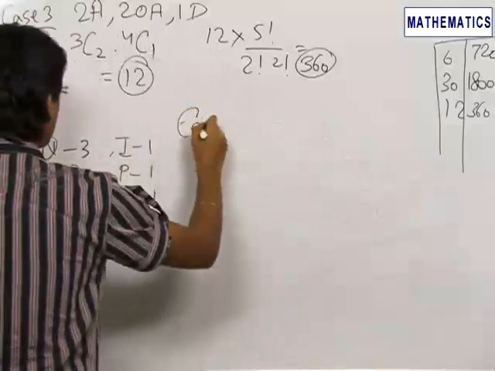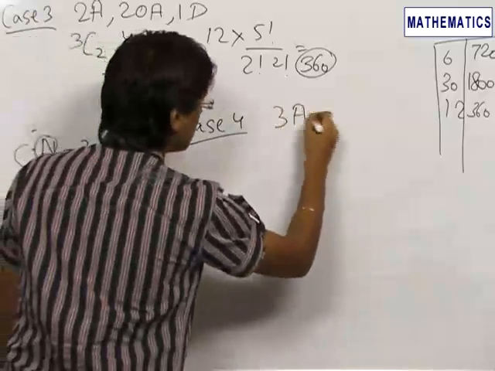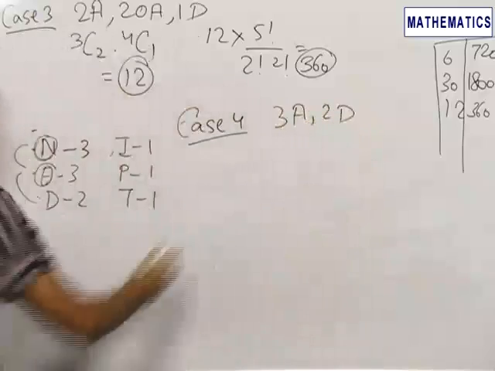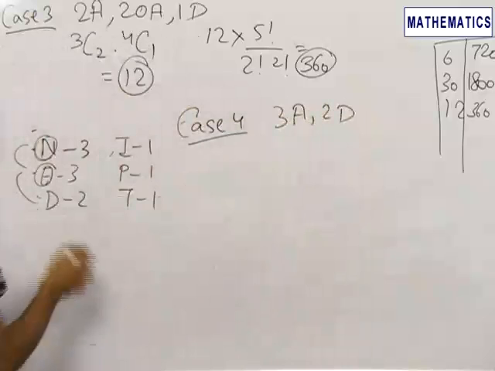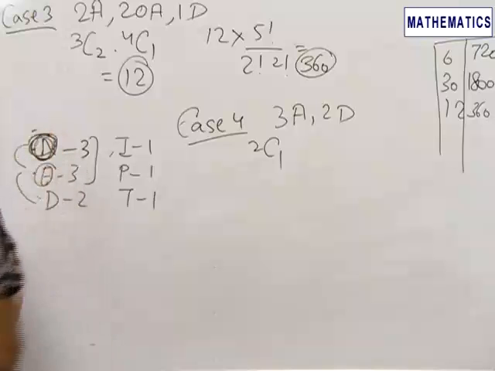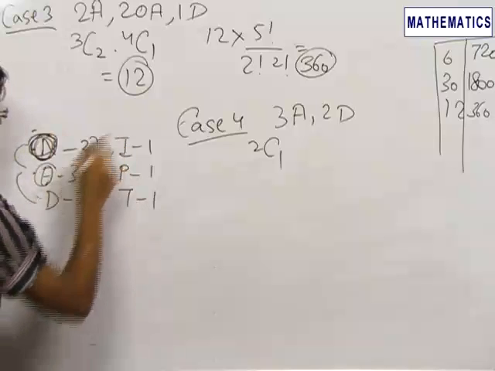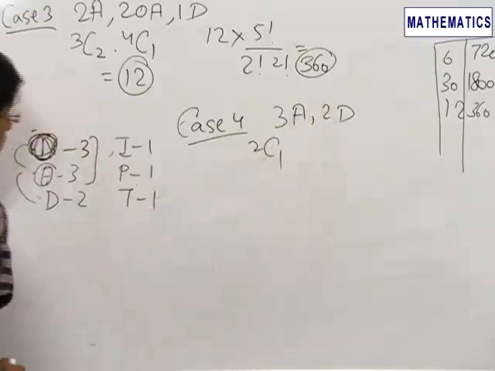Now comes our case 4, that is 3 alike and 2 different. Now 3 alike alphabets can be selected from N or E. So this is 2C1. Let's say we selected N. So the alphabets which remain are E, D, I, P and T, that is 5 alphabets. Out of these 5 alphabets, we need to select 2.